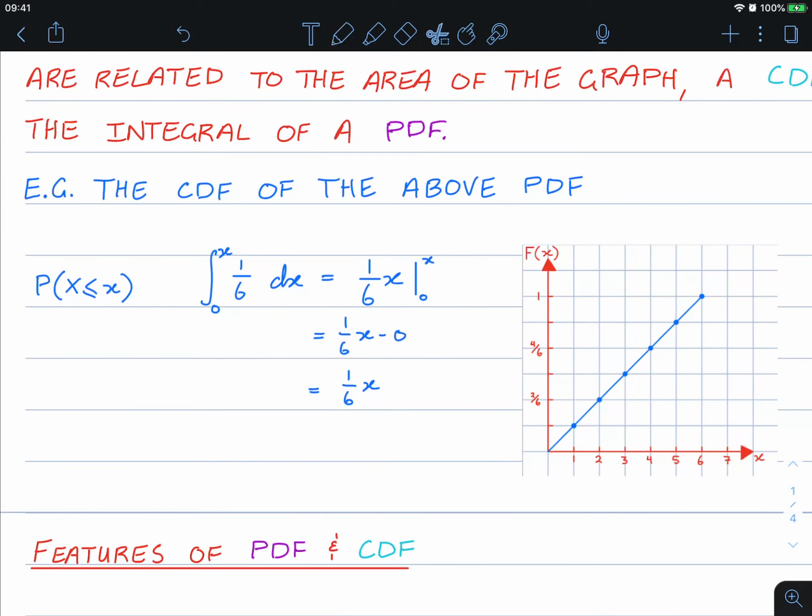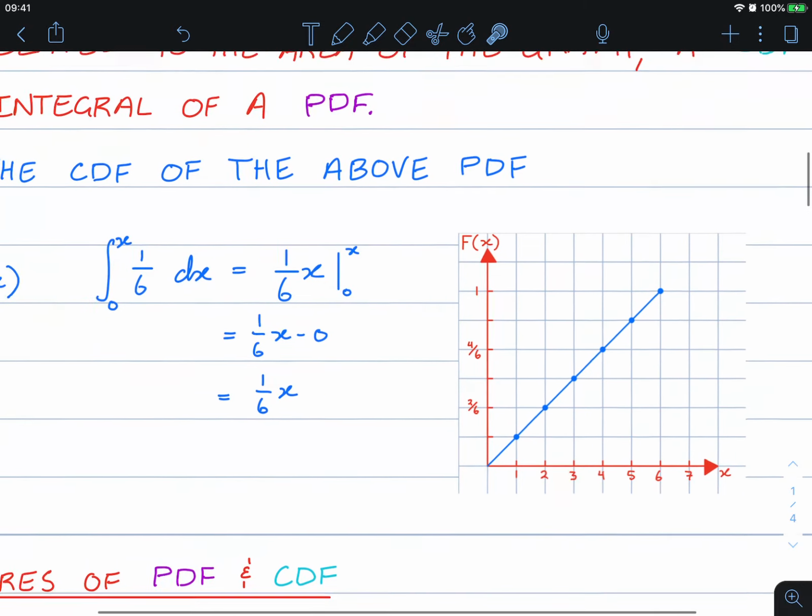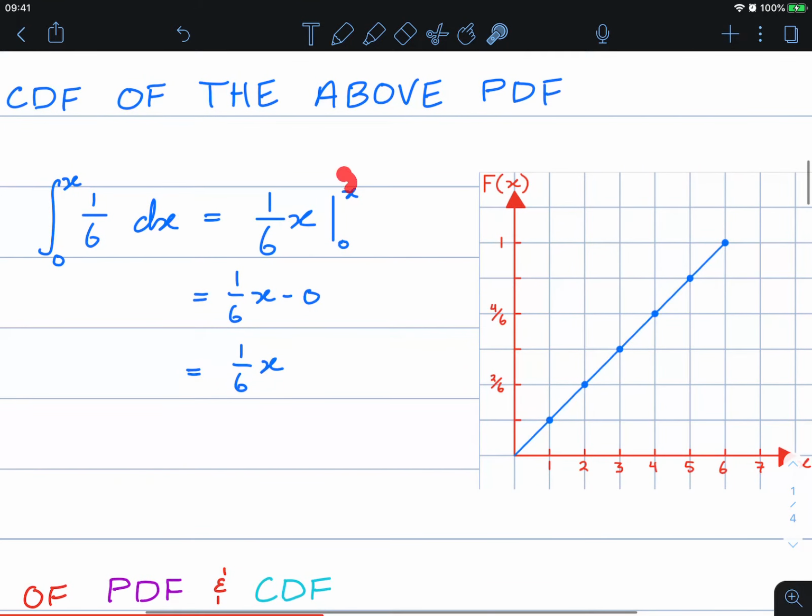The function that we were given before was 1 over 6. The probability that we pick any number from x down to 0 is the integral from 0 to any value x of the function 1 over 6. Integrating 1/6, we just get 1/6 x. Substituting x into x, and 0 into x, that's 1 over 6 x minus 0.